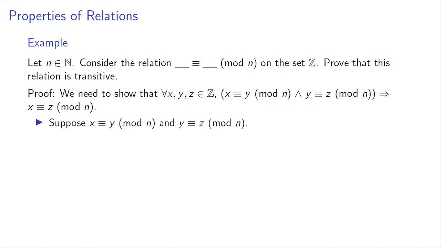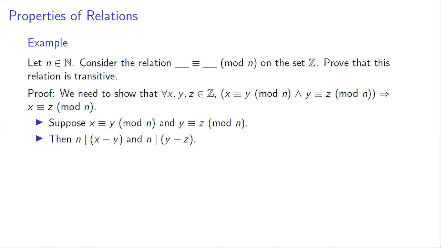So let's prove this using direct proof. Suppose x is congruent to y mod n and y is congruent to z mod n.